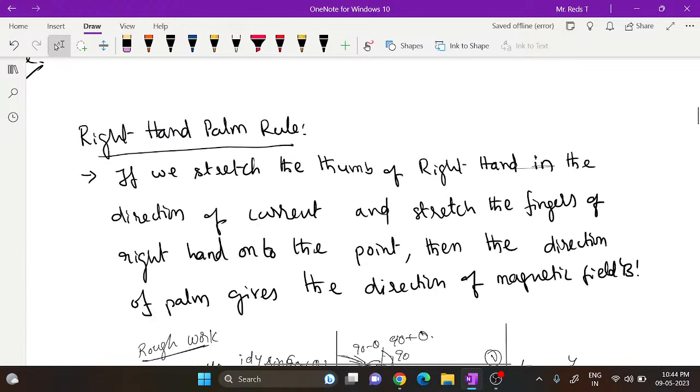Pause the screen and write the statement. Here you can write some examples so that you can understand clearly. This right hand palm rule is very, very important in understanding the direction of magnetic field in different applications.